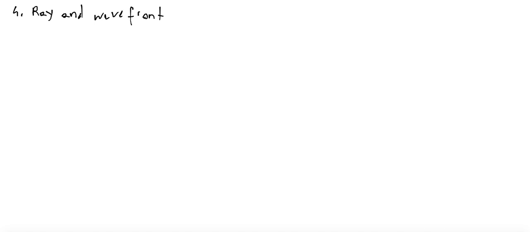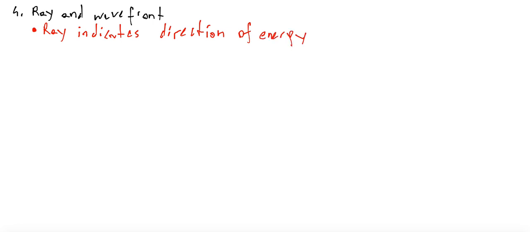What is a ray? A ray indicates the direction of energy transfer. If a wave transfers energy from left to right, then the ray is directed from left to right. It's nothing else than the direction of energy transfer.